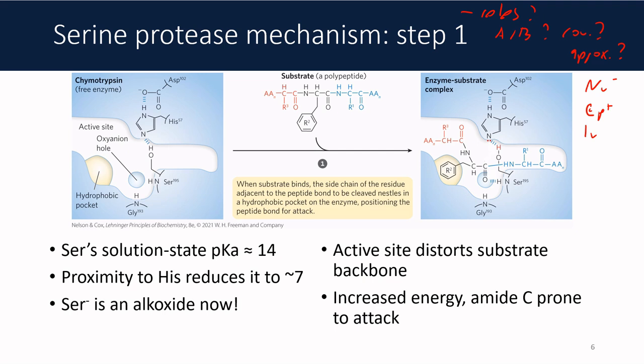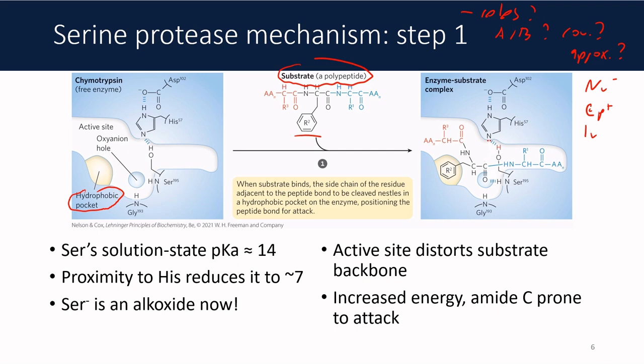In the initial state of the serine protease, it's going to first accept a substrate bearing an appropriate recognition sequence that complements the binding pocket adjacent to our catalytic triad. This over here is going to be our hydrophobic binding pocket. In this model peptide, we have a generic sequence that contains a phenylalanine.